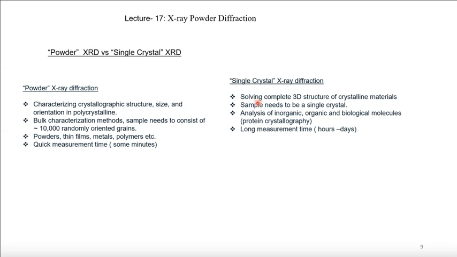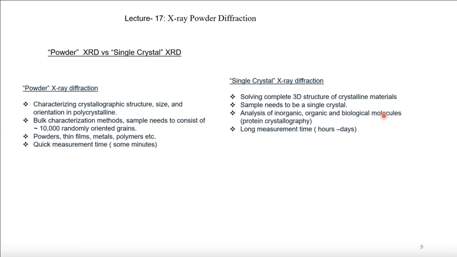But then the sample needs to be a single crystal. And we will talk about single crystals in the next chapter, how we deal with single crystal details. And we can analyze single crystals of inorganic, organic, and biological molecules.